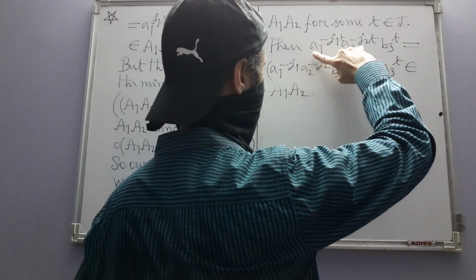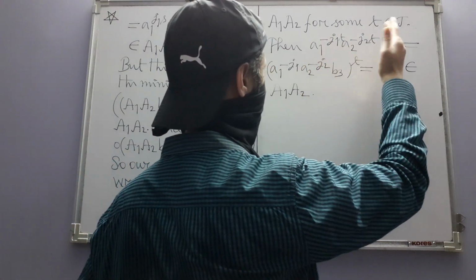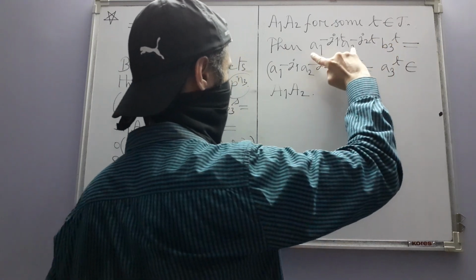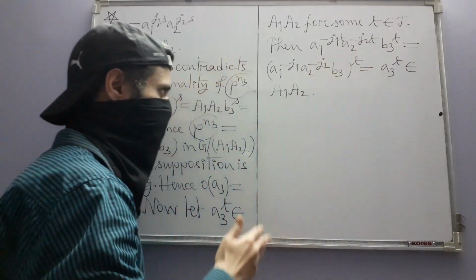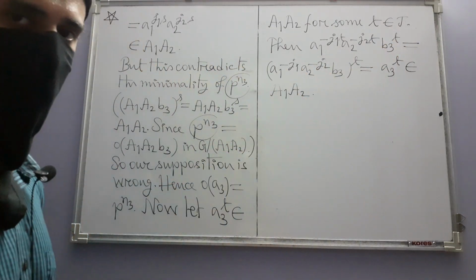Yeah, now we can use the fact that this element, just forget about this power of B3. This element, due to its form, belongs to A1, A2.